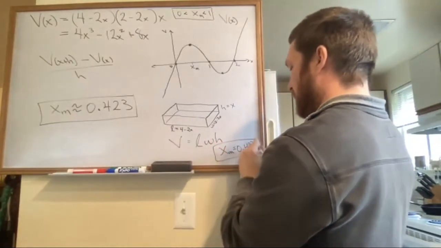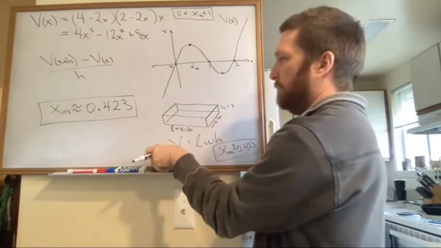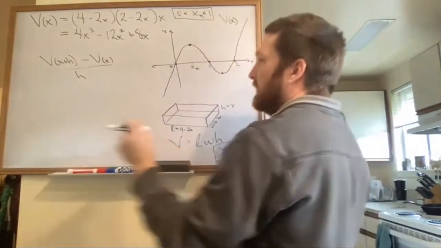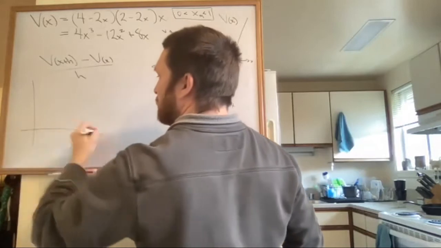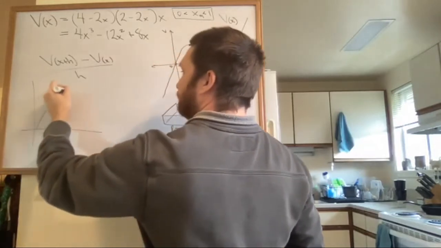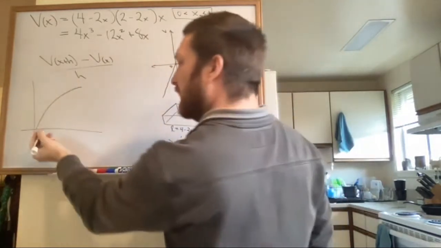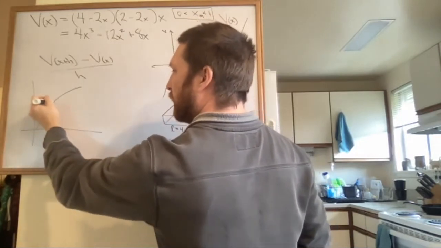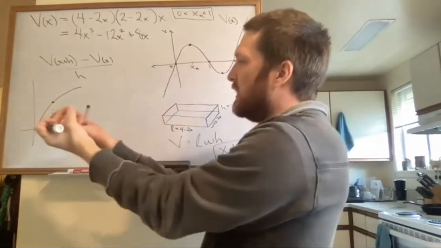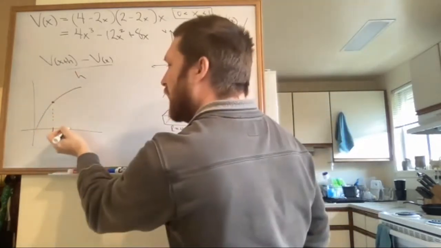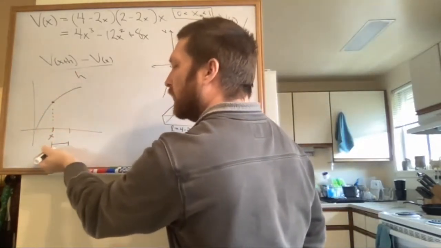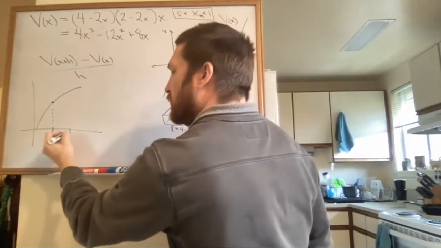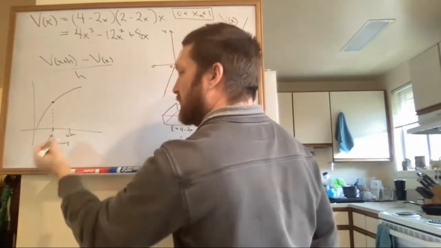So for instance, x max was approximately 0.423. The idea is you take your function v, and you want to know at some point x what its slope is. So you go some small distance beyond it, a total of h, to the point x plus h.